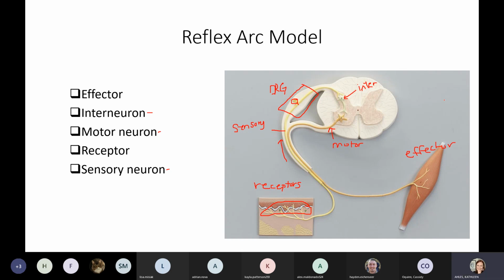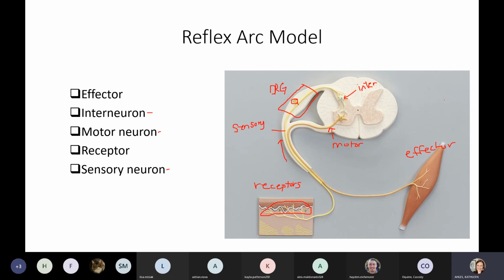We will be talking more in lecture next week about reflexes. Reflexes are the ability of your body to get something done without your brain having to decide what to do. It makes things faster if we don't have to get the brain involved.